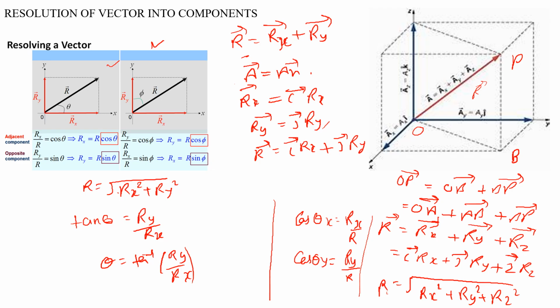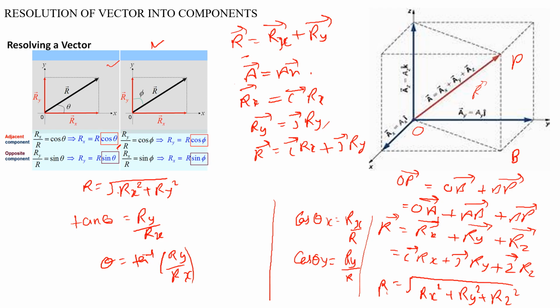So we can say rx is equal to r cos of theta and ry is equal to r sin of theta, since r cos theta and r sin theta give the magnitude of the components of r vector along x and y axis. Once a vector is resolved into components, the components themselves can be used to specify the vector.